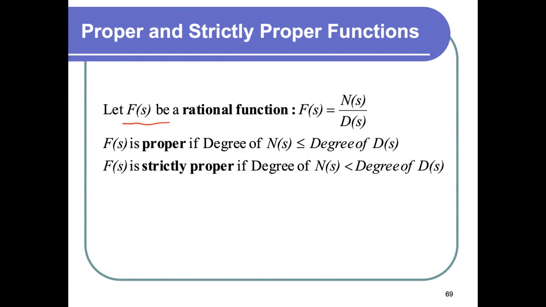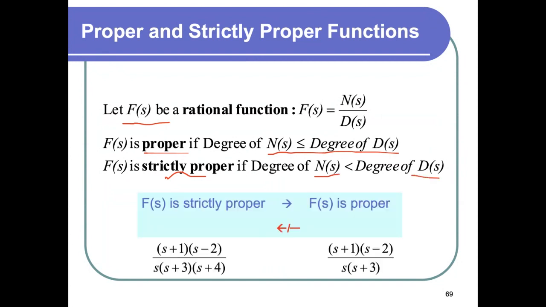F is called proper if the degree of N is less than or equal to the degree of D. It is further strictly proper if the degree of N is strictly less than the degree of D. If it is strictly proper, it implies that it is proper, but not the opposite. For example, here we have degree 2 over degree 3, so it is proper. But if this is 2 over 2, it is not strictly proper. So strictly proper is a stronger property.